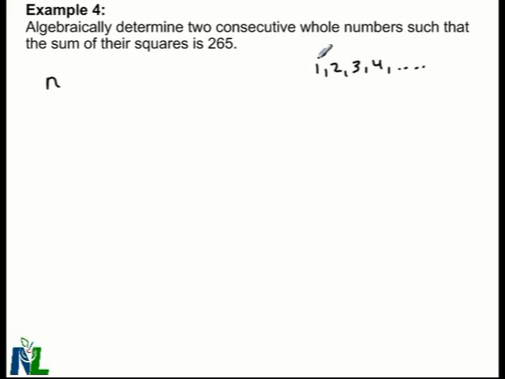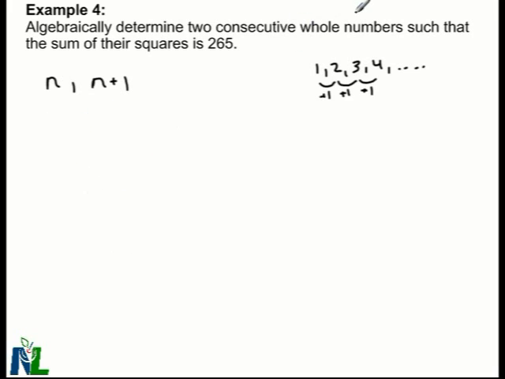So if I want to get from 1 to 2, I need to add 1. From 2 to 3, I need to add 1. From 3 to 4, I need to add 1, and so on. So the next consecutive number after n would be n plus 1. So my two numbers here would be n and n plus 1.